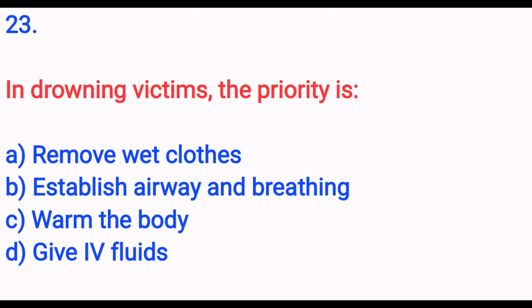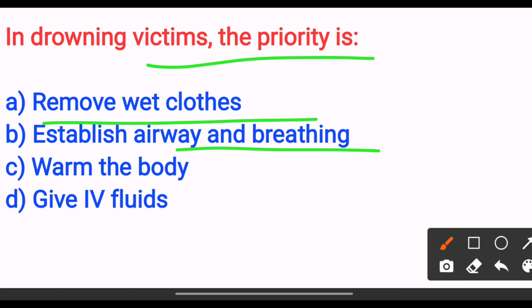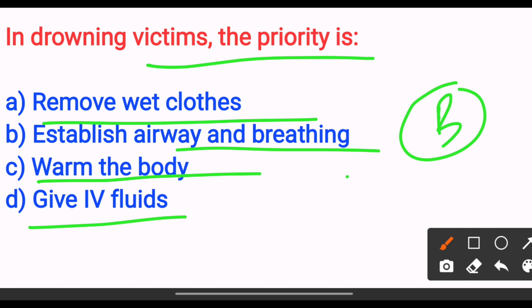Next, in drowning victims, the priority is option A, remove the wet clothes. Option B, establish airway and breathing. Option C, warm the body. Option D, give IV fluids. The answer is option B, establish airway and breathing.